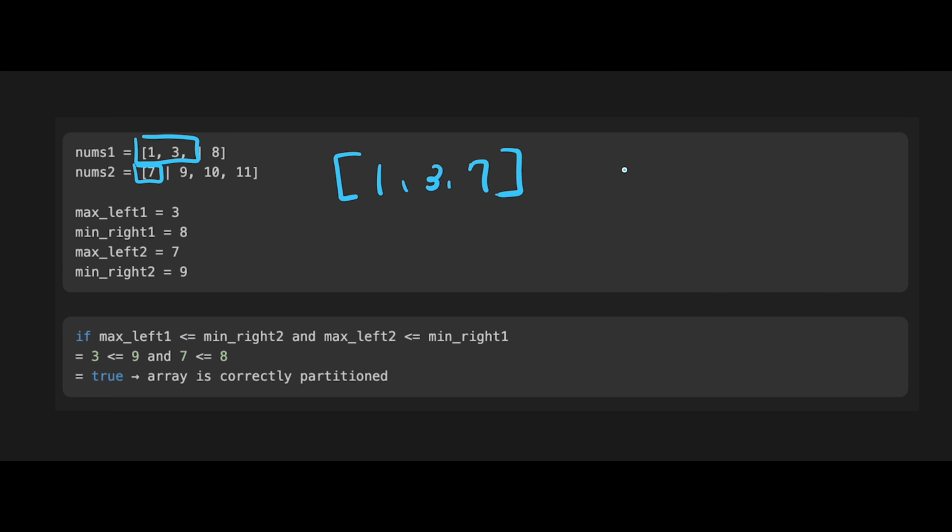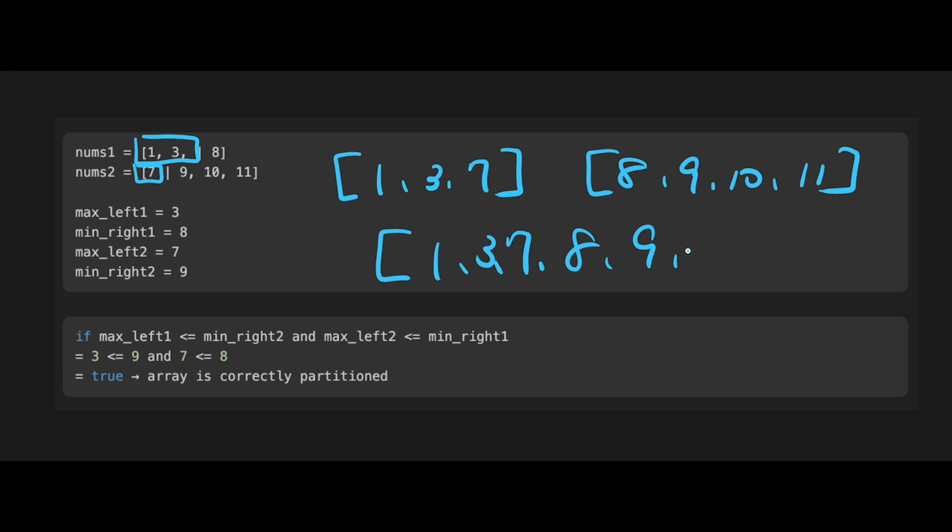If we sort them, we can create 8, 9, 10, 11. This is the left part, and this is the right part. If we combine the two arrays, we can create 1, 3, 7, 8, 9, 10, 11. So the whole array is sorted, right?